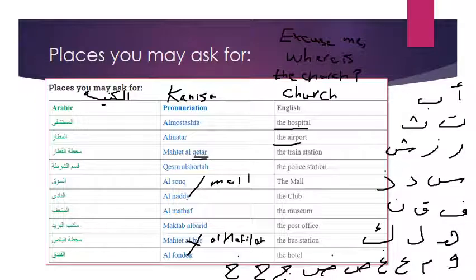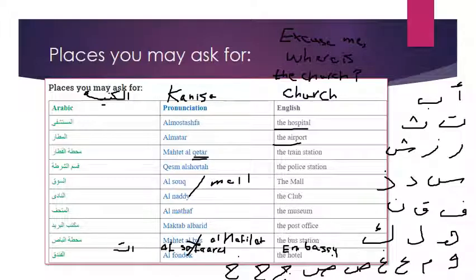After we finish with the kanisa, we can ask for example, excuse me, where is the American embassy? Let's take the embassy. The embassy is as-safara. Al-safara. So al-ma'dhira, أين السفارة؟ The sa is a short sound, and fa is a long sound.